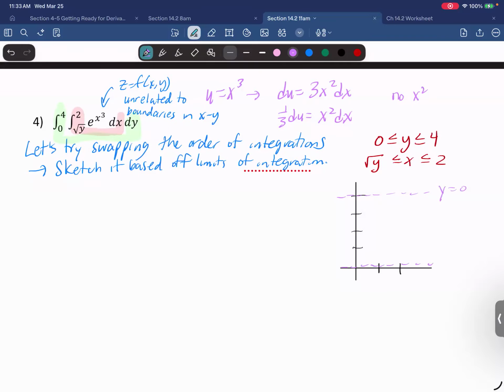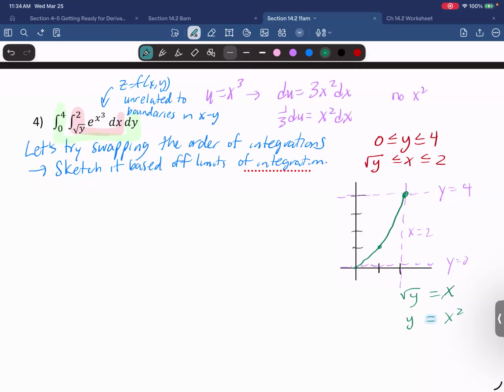Y equals 0, y equals 4. X equals 2 is right here. And let's take a look at square root of y. To get the line, we actually don't need the inequality. We can square it and we get y equals x squared, which means we've got this right here.